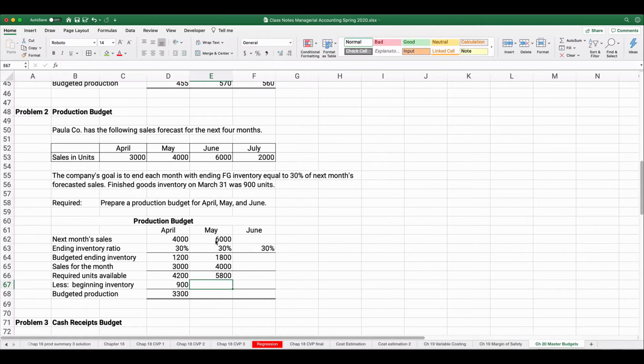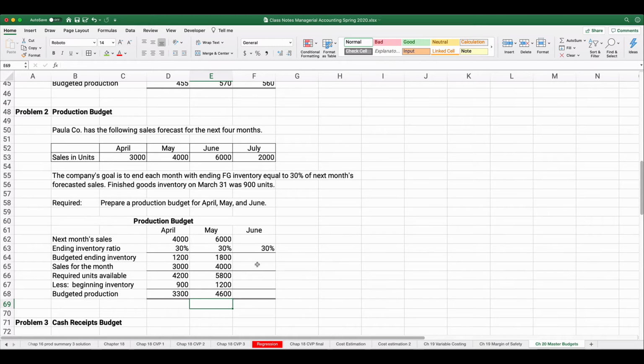We need 5,800 available. Now, what was our beginning inventory for May? Well, it's the same as ending inventory for April. April 30th rolls over, and then May 1st, it's the same 1,200. So 5,800 minus the 1,200 means we have budgeted production. We need to produce 4,600 in the month of May.